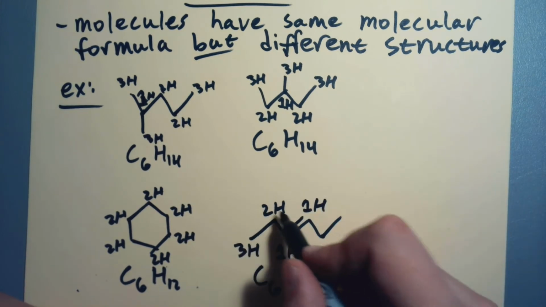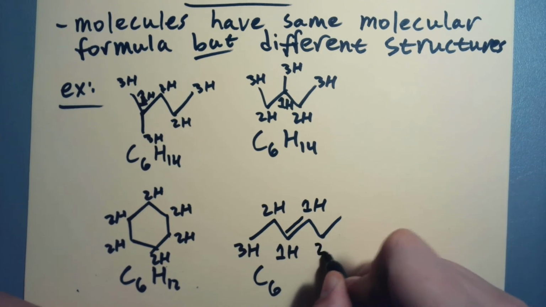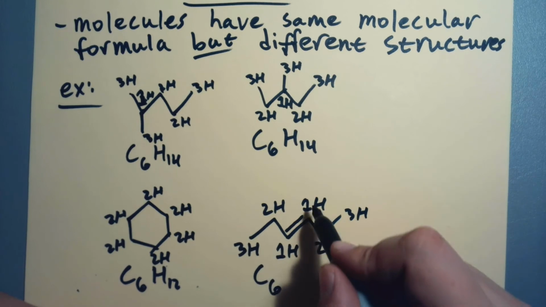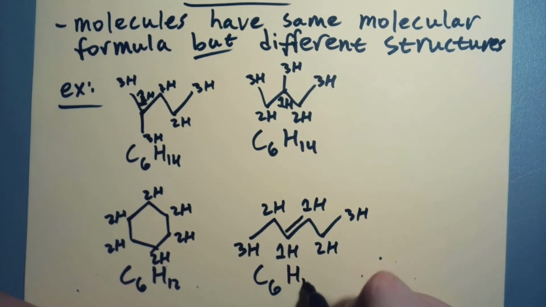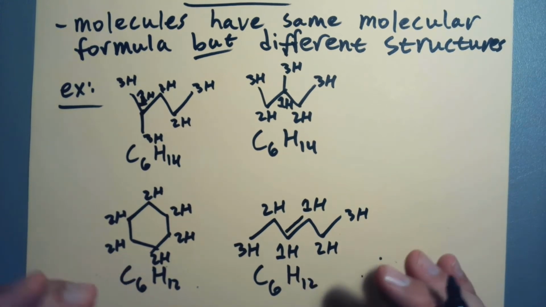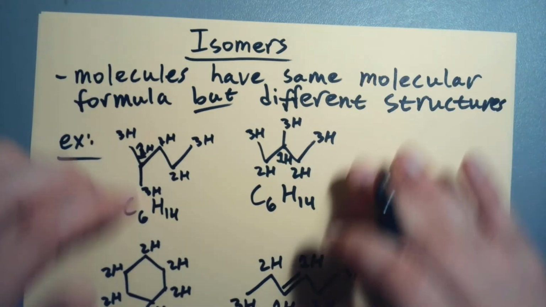Just count the number of bonds showing, and whatever's left to make 4, you use that. So 3, 5, 6, 7, 9, 12. So these are both geometric isomers, but they're very different structures. They have very different chemical behavior. And so you can say isomer, or sometimes you say geometric isomer.